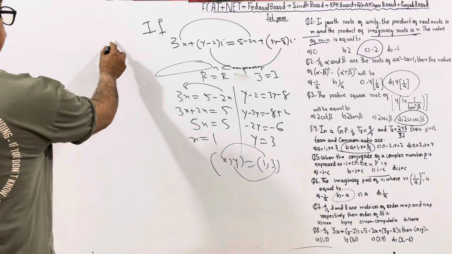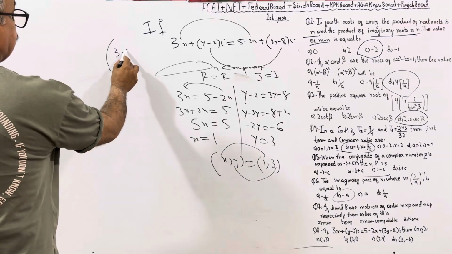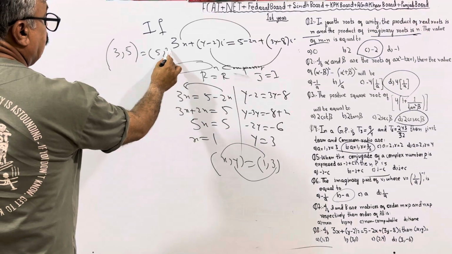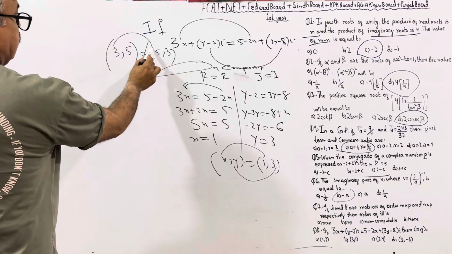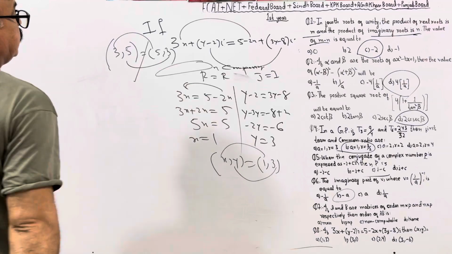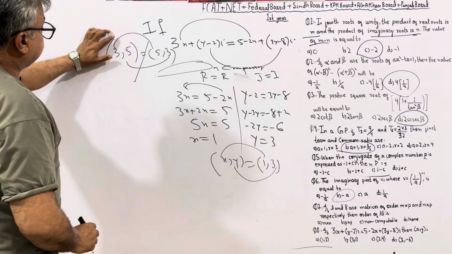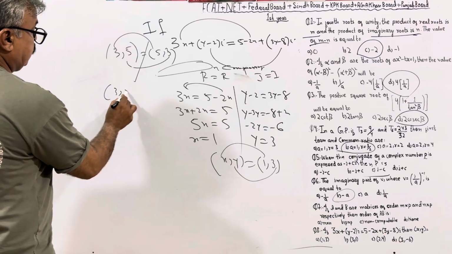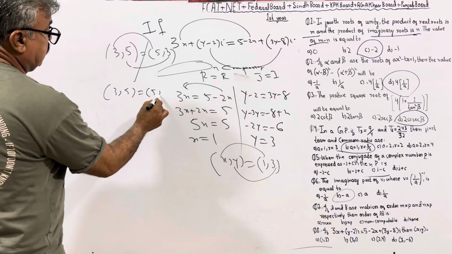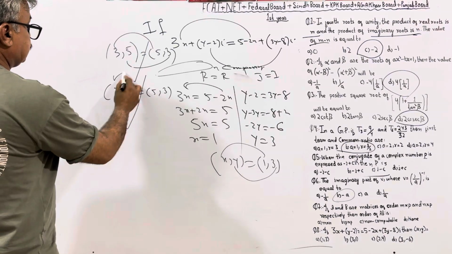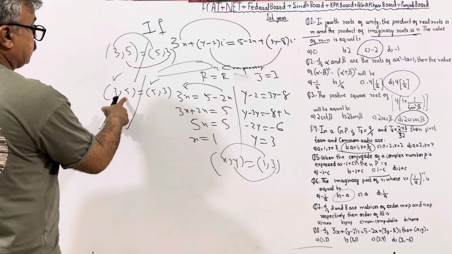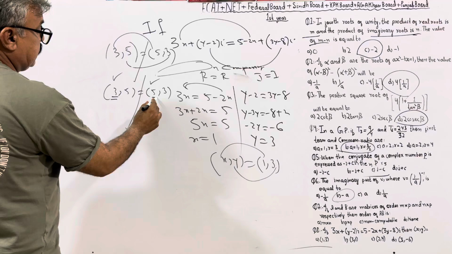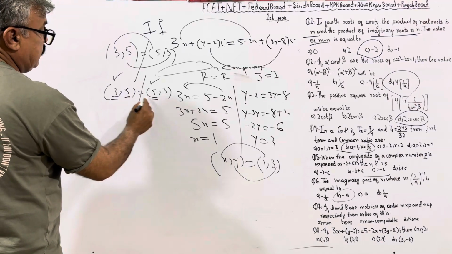Or sometimes it is given to us: is (3, 5) equal to (5, 3)? No. Abscissa is equal to abscissa, ordinate is equal to ordinate, that is the case. If it is a small parenthesis, they are not equal. (3, 5) doesn't equal (5, 3), because in that case x is 3 in one and 5 in the other, and y is 5 in one and 3 in the other.